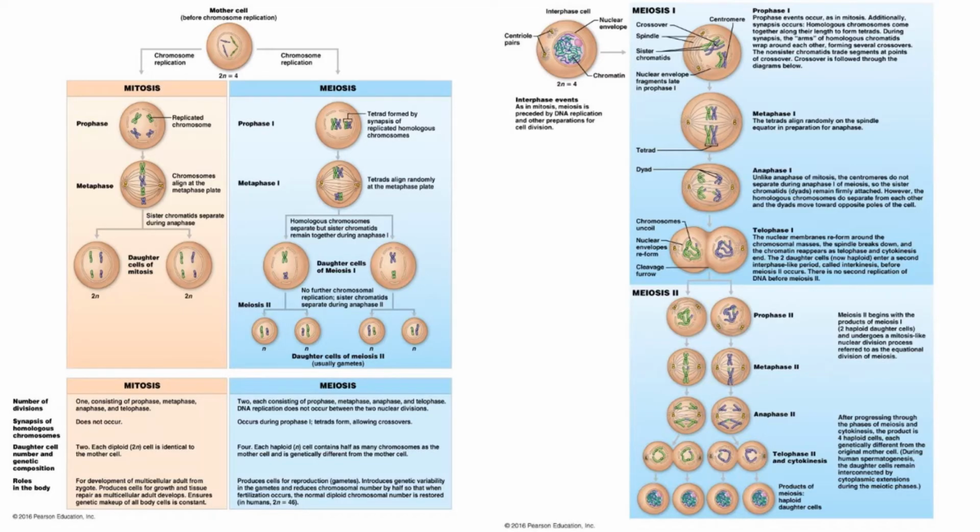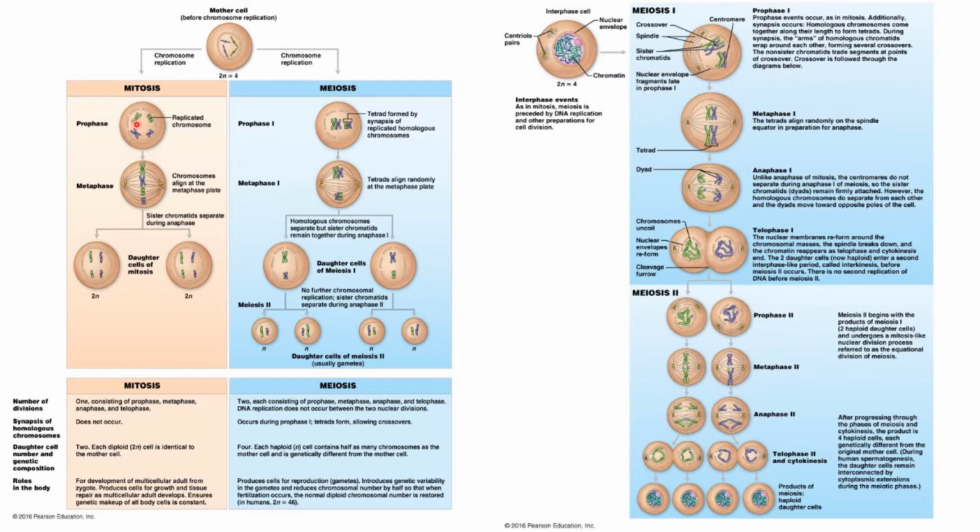A quick review about mitosis and meiosis. Mitosis is the cell division that would result in daughter cells that are identical to each other, and they are identical to the parent cell. That's why we refer to mitosis as cell cloning.